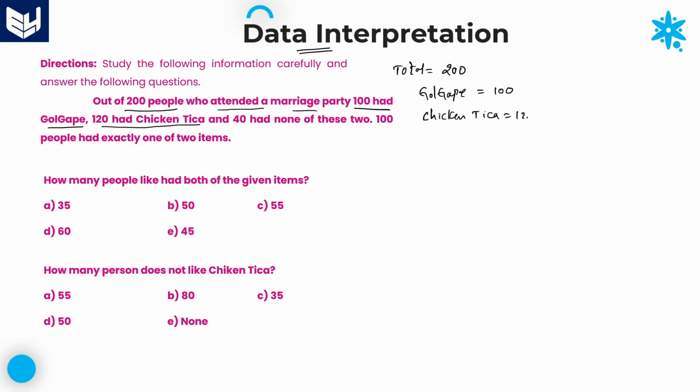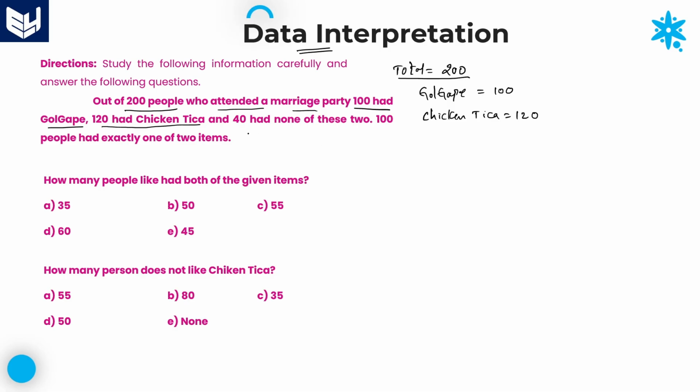Guys, from these two values itself, you can conclude that there is definitely some intersection between Golgappa and chicken tikka. Why? Because if these were different values, 100 plus 120 would be 220, but the total number of people who attended is only 200. It crosses 200, so there is definitely an intersection.